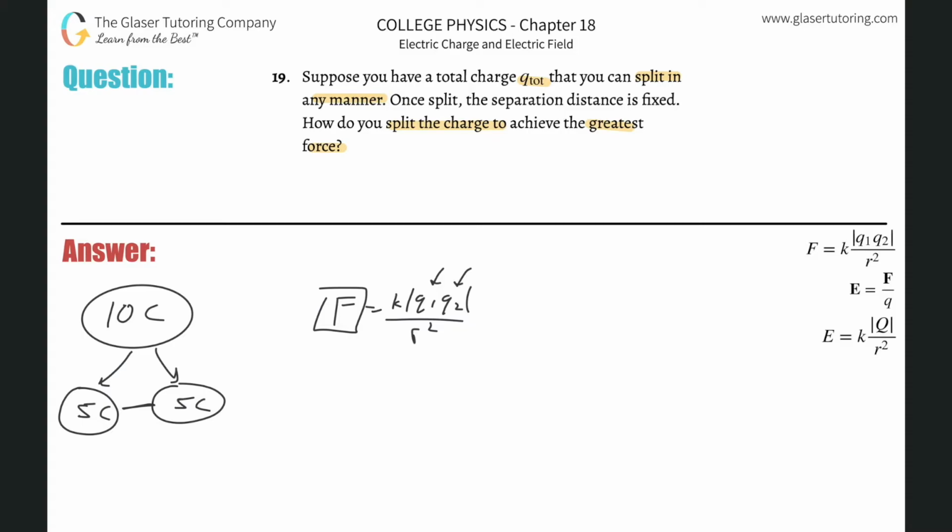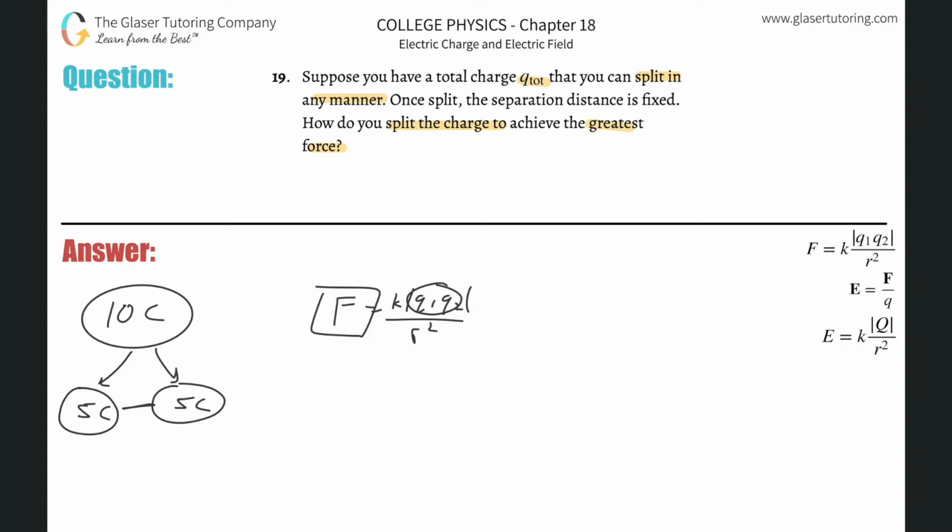If I had a 9 and 1 coulomb separation, it would be 9 times 1. If I had an 8 and 2, it would be 8 times 2, 7 and 3, etc. So my question to you is, what separation would give you the maximum force? Meaning, what product between those two charges would give you the maximum product?